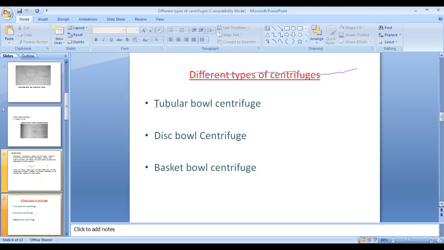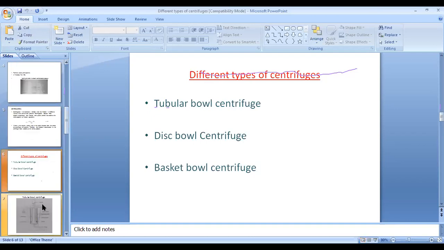The last one, the basket centrifuge, is different because it is similar to the filtration process, where we use a filter cloth, but in tubular and disc bowl we cannot use filter cloth. We'll see how the tubular bowl, disc bowl and basket centrifuges operate.